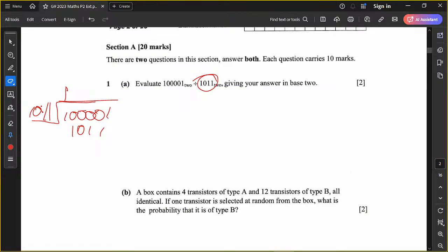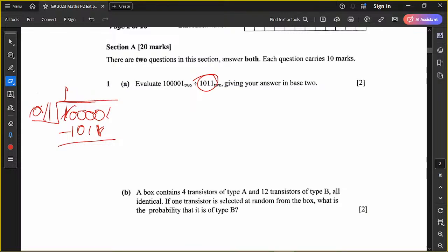All right, so what do we do? We subtract now. So 0 minus 1, it can't, so we need to borrow. Now you can see there are 3 zeros coming after that is 0, so we are going to borrow from this one.